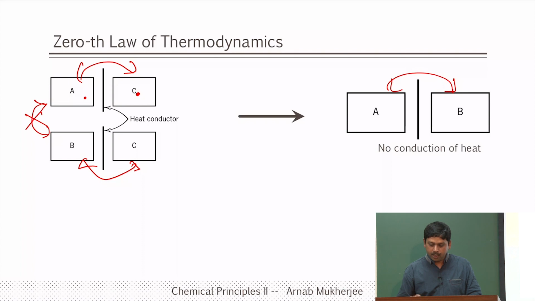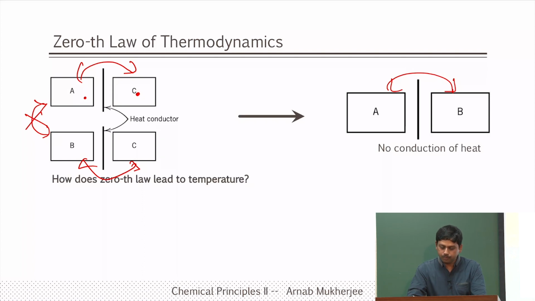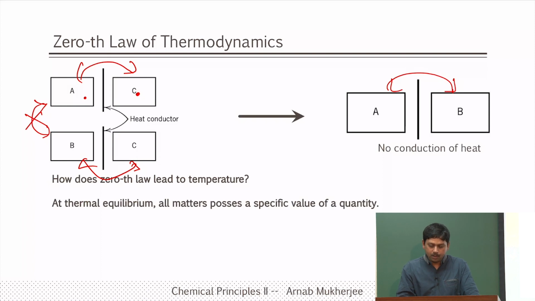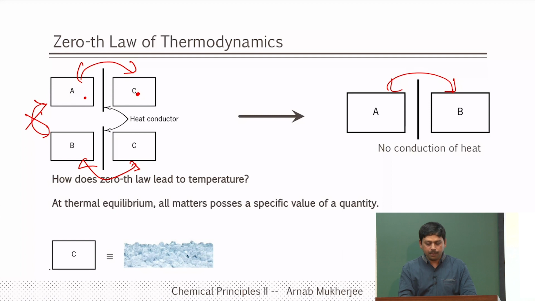So, how does the zeroth law lead to temperature? At thermal equilibrium, all matter possesses a specific value of a particular quantity when two things are in contact. For example, let us say that C is a block of ice.